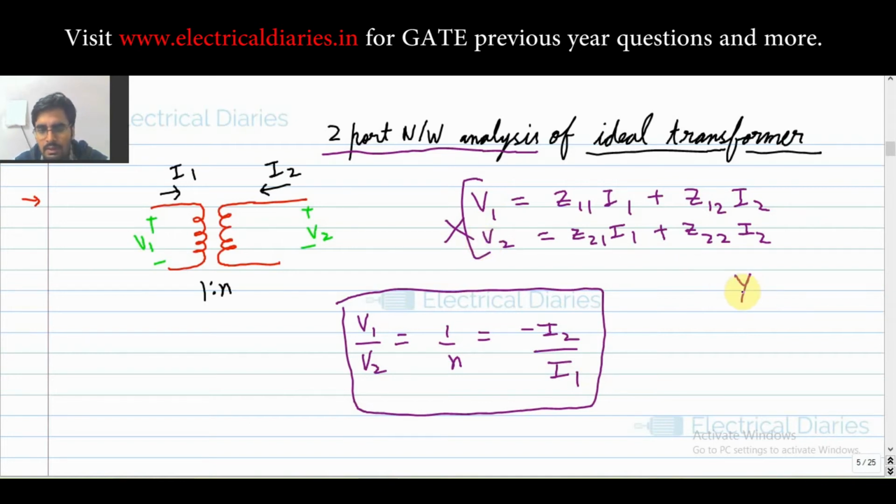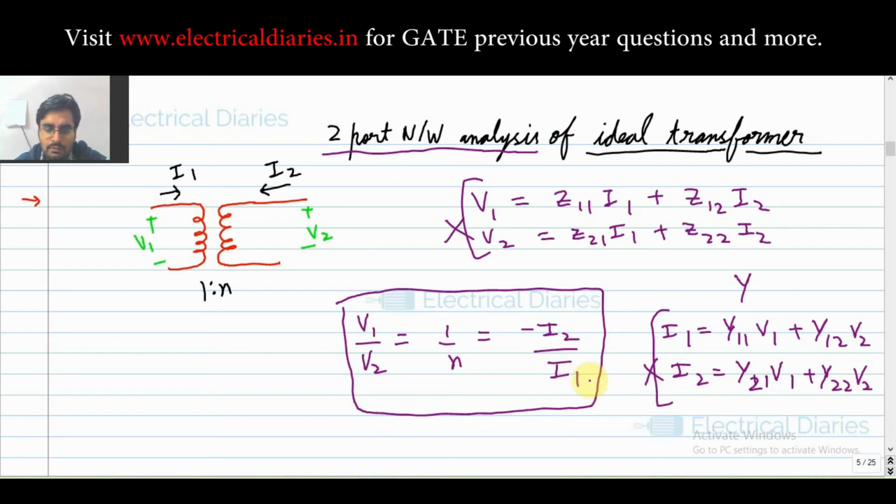You can also see this by writing the equation. I1 is equal to Y11 V1 plus Y12 V2, and I2 is equal to Y21 V1 plus Y22 V2. We cannot write this Y matrix also for this ideal transformer. Why? Because from these relations we see V1 is equal to V2 by n, and I1 is equal to minus n I2.